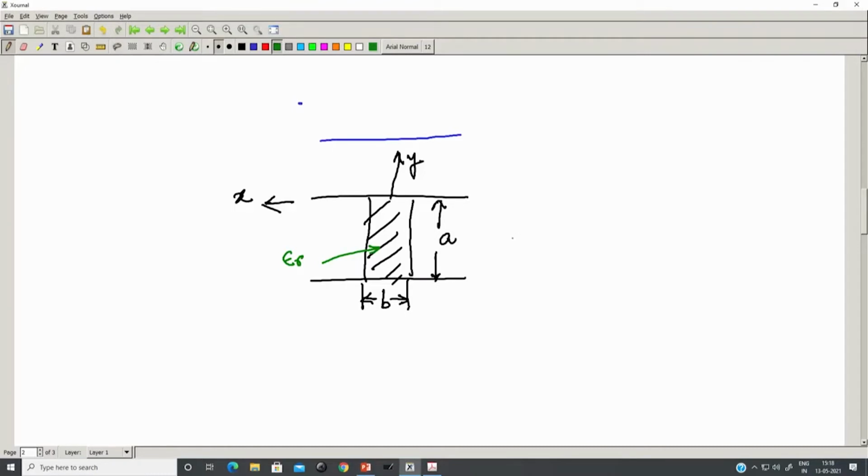Okay. So, we call this region 1, we call this as region 2 and we call this as region 3.